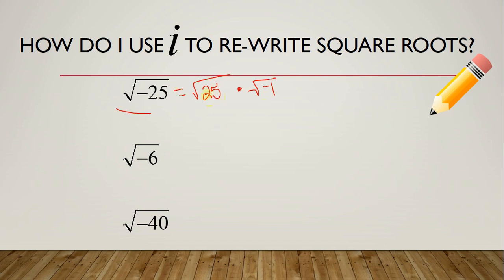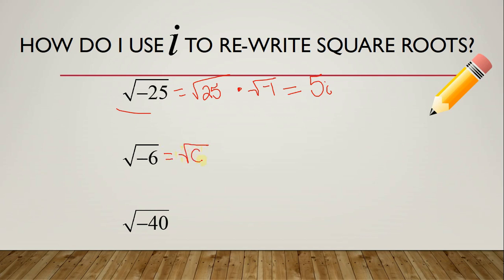The square root of 25 is 5, and the square root of negative 1 is just i. So 5i is equal to the square root of negative 25. Those are equivalent expressions.